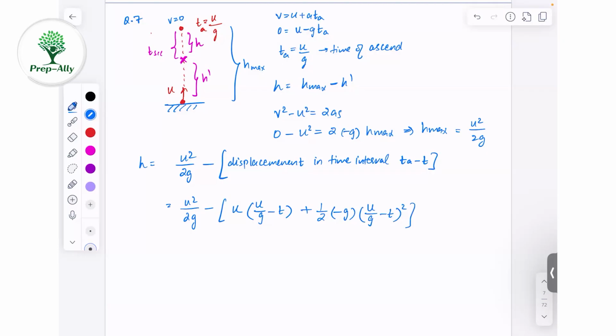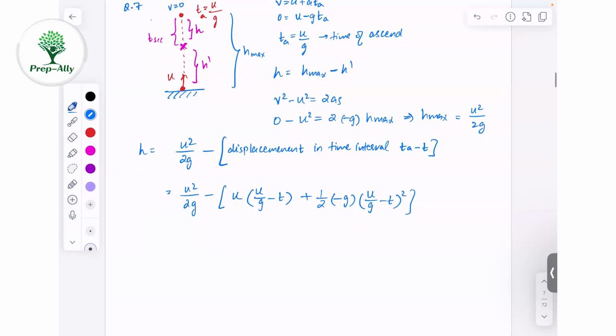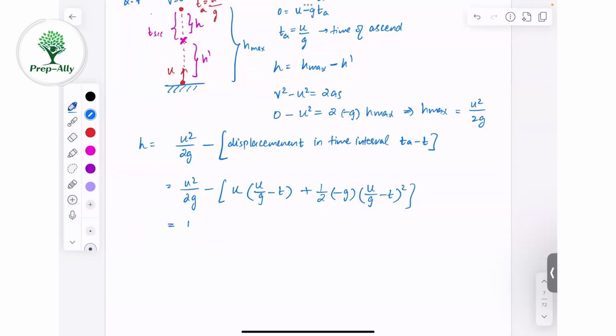Now we have to simplify this. U square by g minus ut minus g by 2 into u square by g square plus t square minus 2ut by g.